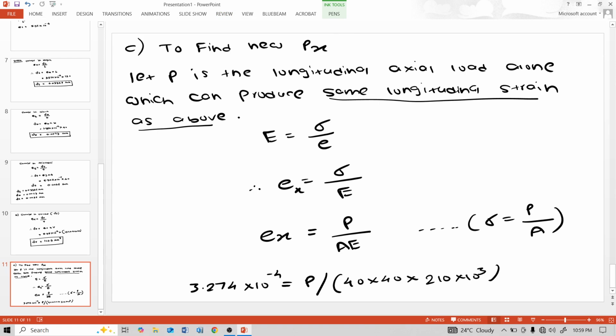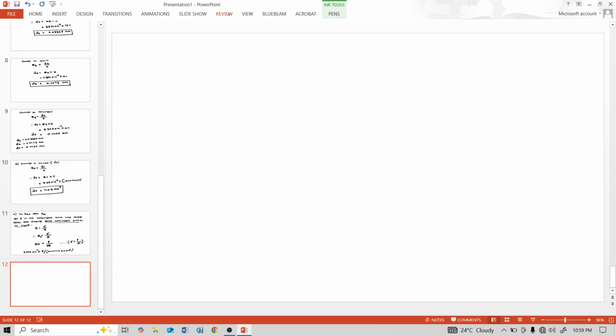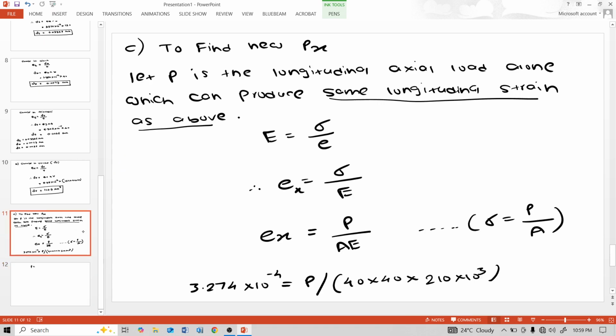Now calculate P from this equation. P is equal to, 3.274 into 10 raised to minus 4 is equal to P upon 40 into 40 into 210 into 10 raised to 3.